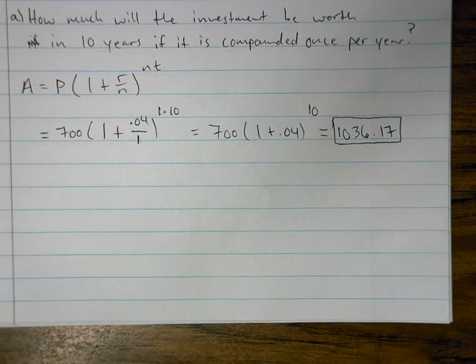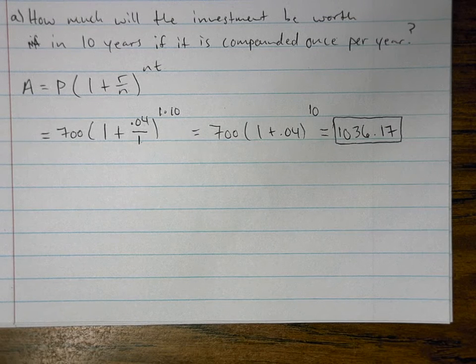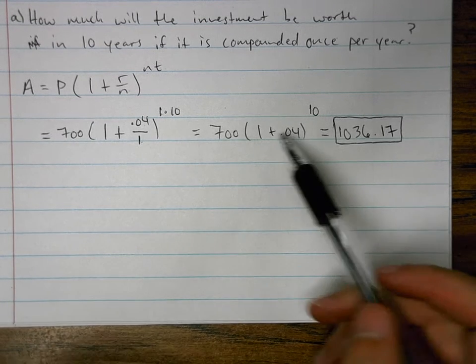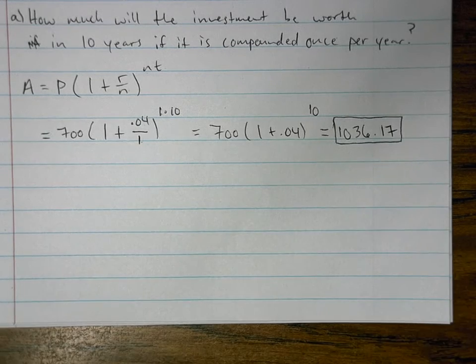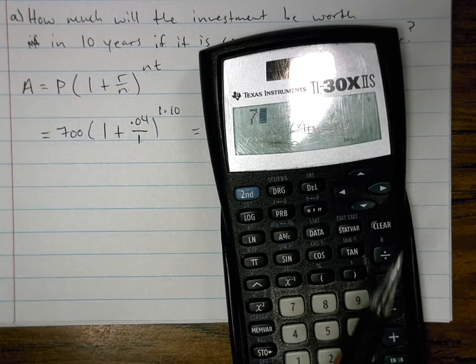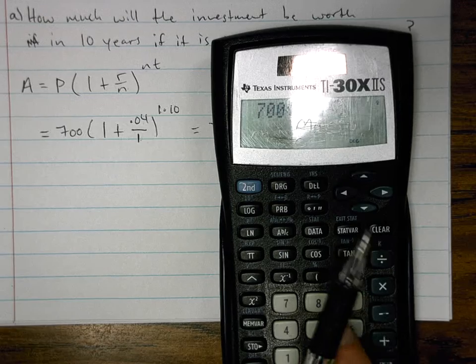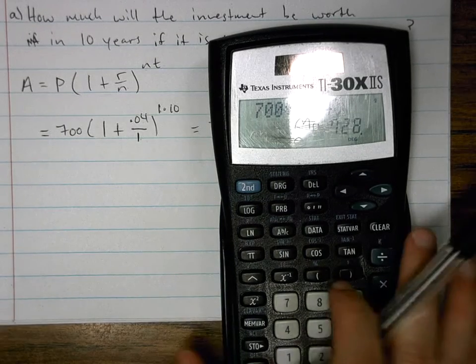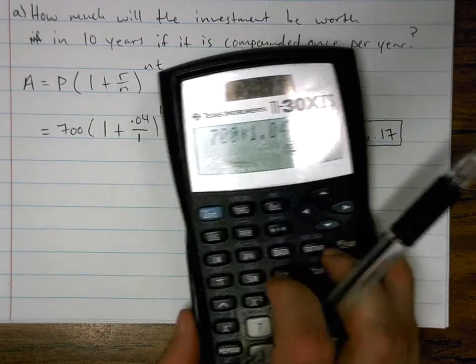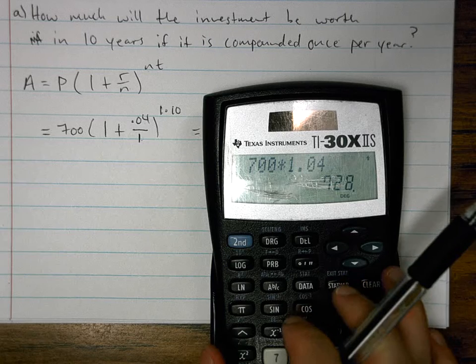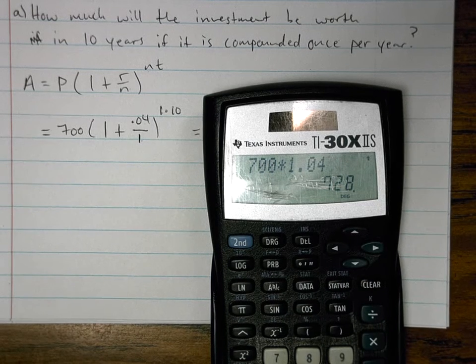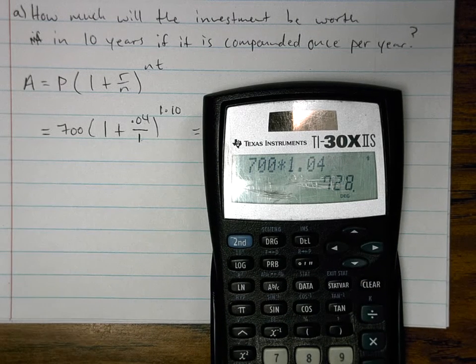So what it means to compound stuff, I think I should probably tell you guys this. To compound it, what you're doing is you're basically reinvesting it. So this is like saying after 1 year you're going to make so much money. So that's about how much you would make in 1 year.